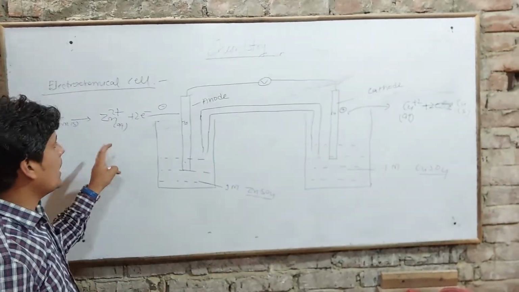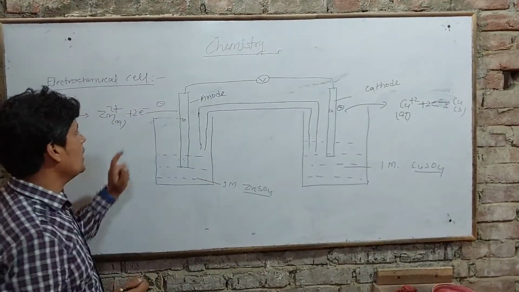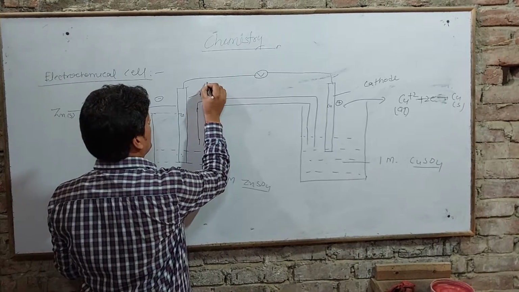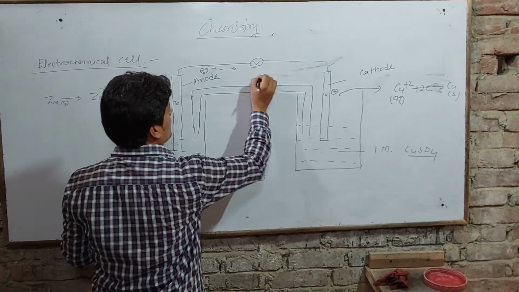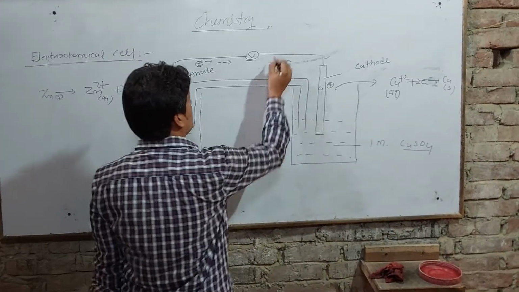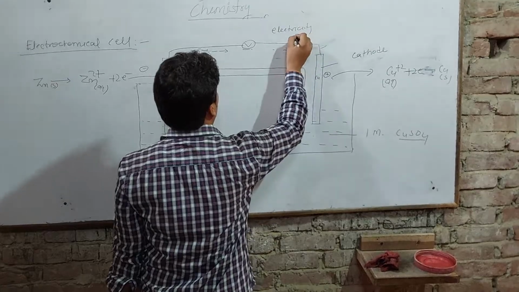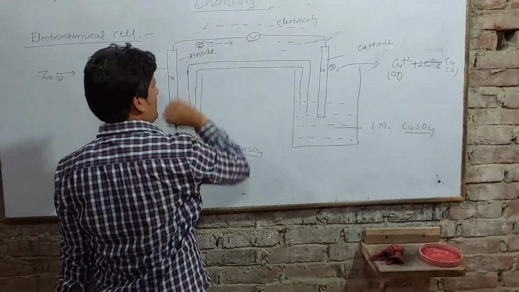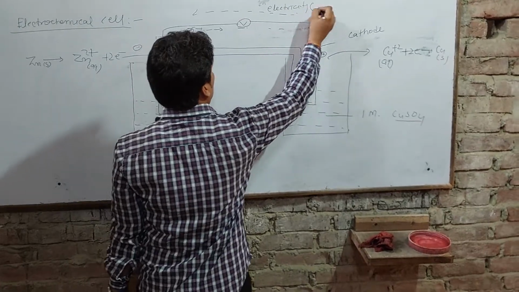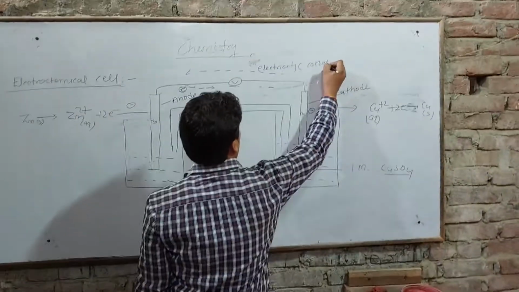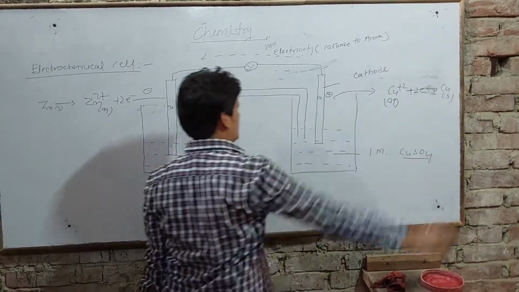When the circuit is connected, the electrons flow from anode to cathode, and electricity flows from cathode to anode.